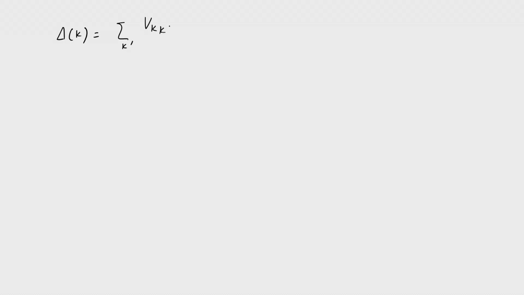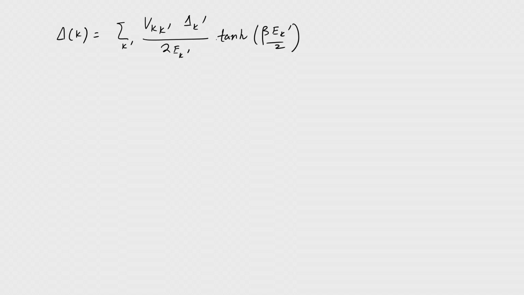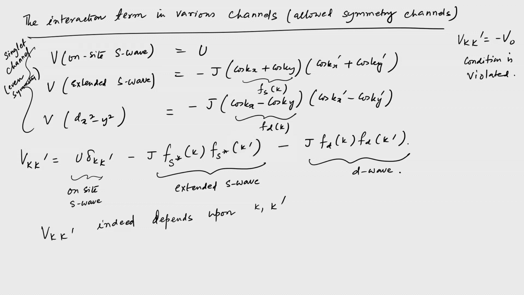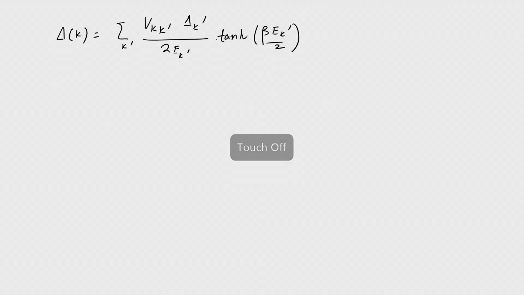So, if we write it down even without much thought into the BCS gap equation, one can solve for it. So, this is the gap equation. If you look at your earlier notes or discussion, you will see that this is the gap equation. Now, V k k prime is precisely what you have written here. If you put this V k k prime into this gap equation, one can actually solve for each of those symmetries.